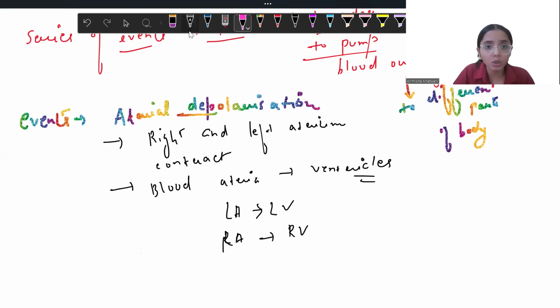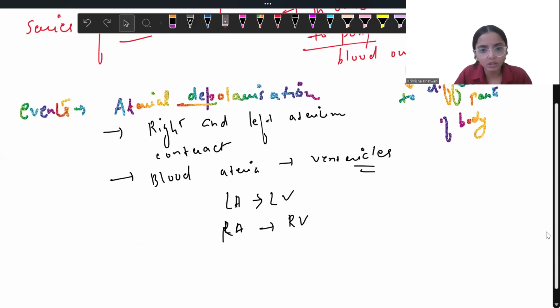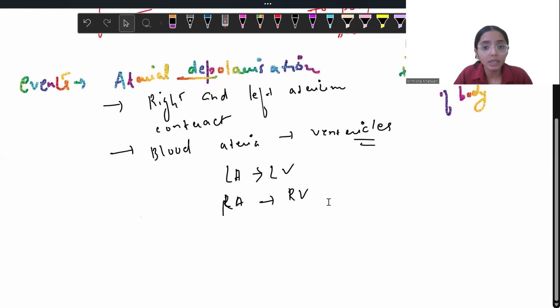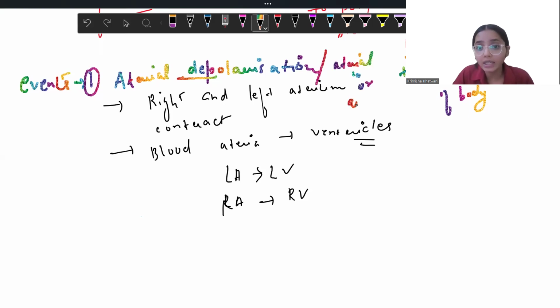So let us continue with the concept. Atrial depolarization is also known as atrial contraction, or atrial systole.